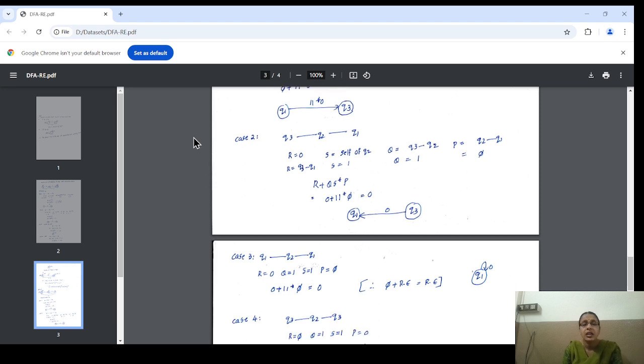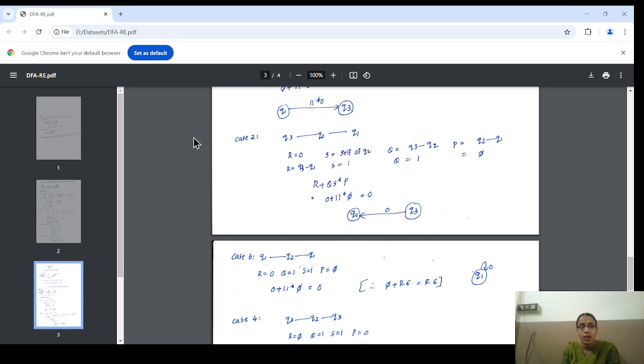And in case 3, we are taking the state Q1 to Q2, and we are taking the intermediate state Q2. So R equal to 0, which means there is no direct path from Q1 to Q2. So the R value is 0. And Q equal to 1 means we are taking Q1 to Q2. In the diagram, Q1 to Q2, the value is 1. And S equal to 1 means in Q2 there is a self-loop.